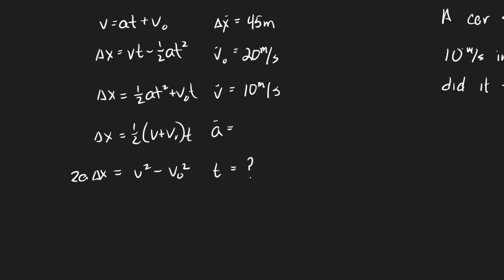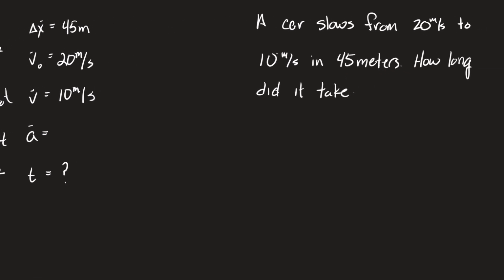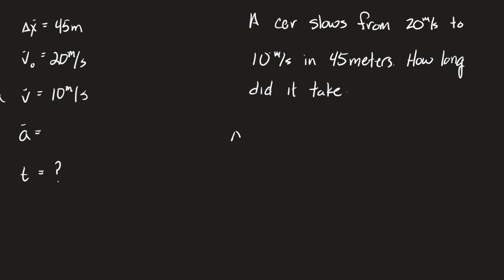But that also suggests that this relationship, which doesn't have acceleration in it, has the 4 motion variables involved in the problem and has left out the one that we don't have and don't need. So I'm going to grab that relationship and know right from the beginning it is likely going to be something that I can use to solve for my answer. So we wanted how long it took.